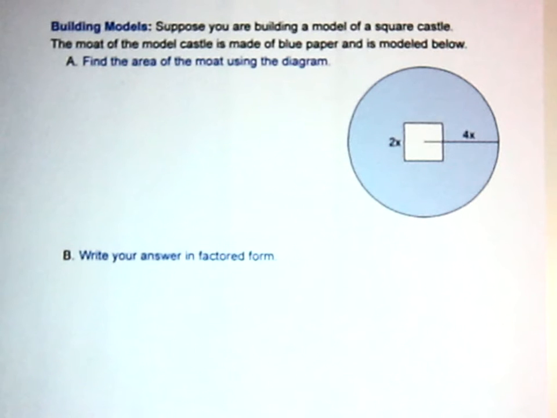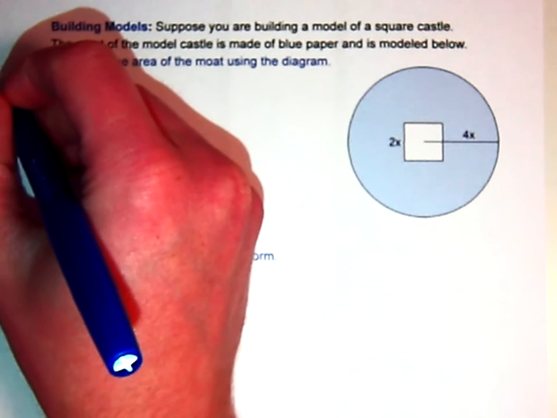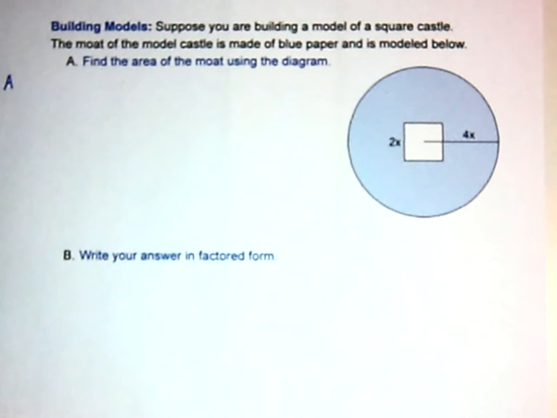Part A says find the area of the moat using the diagram. So we need to find the area, but the area we're looking for is just the moat.